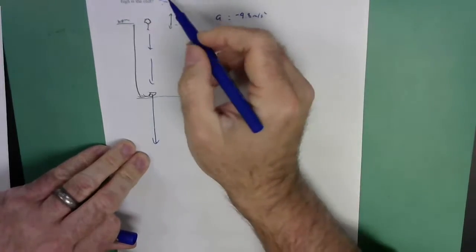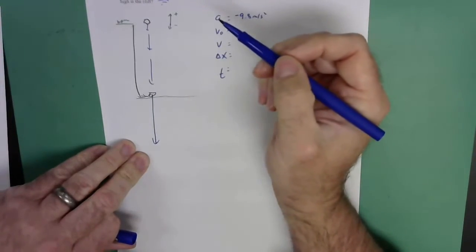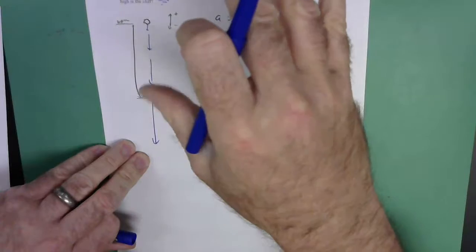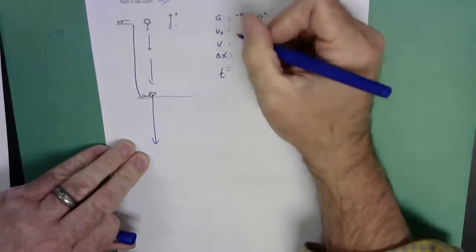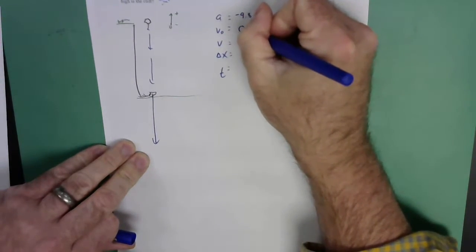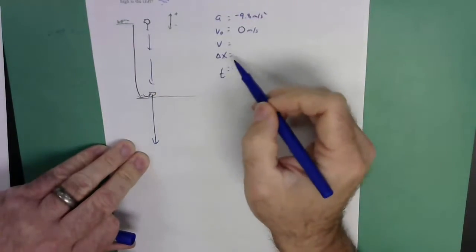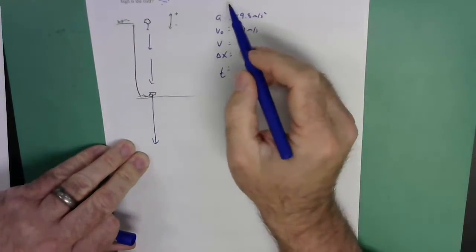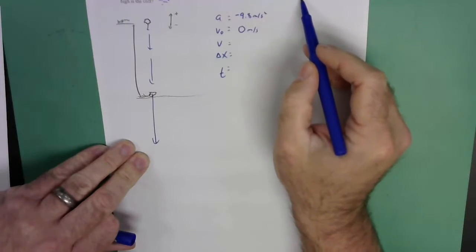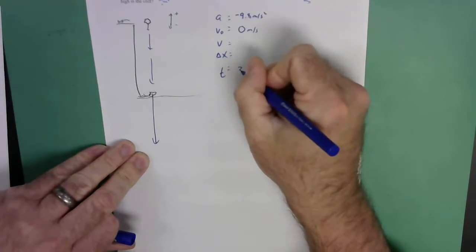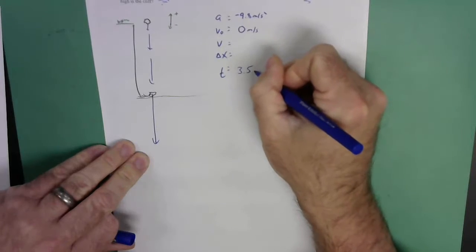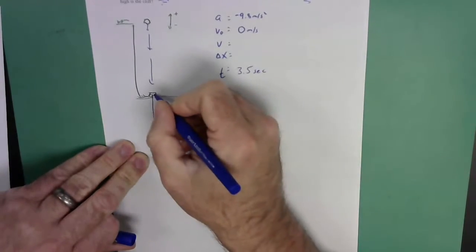My initial velocity, the second thing that being dropped tells me, is that we're just letting go. So it starts from a speed of 0. So my initial speed is going to be 0. We're not moving up or down at all. We just kind of let go of the thing. We want to know it's seen to hit the ground below after 3.5 seconds. That's my time. It took 3.5 seconds to get down here.